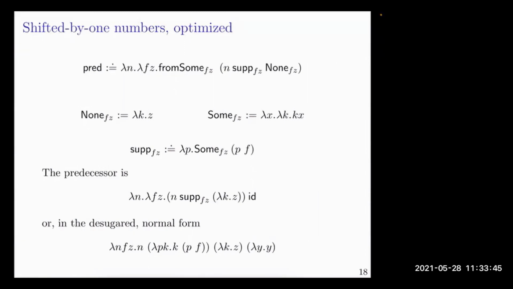It's already available. Sum of Z happens to use neither F nor Z. And sup of Z, I know this expression. And so the predecessor works out to be like before. And if we desugar, we get this very short expression.